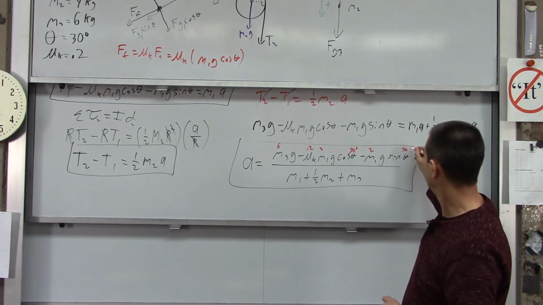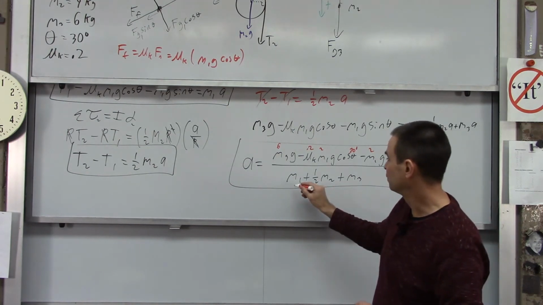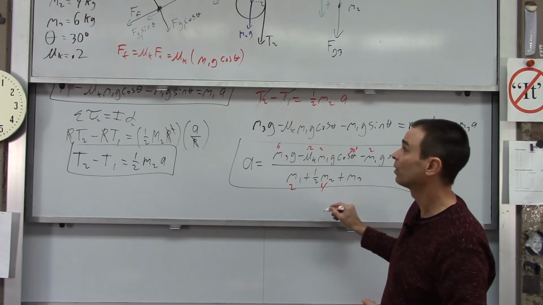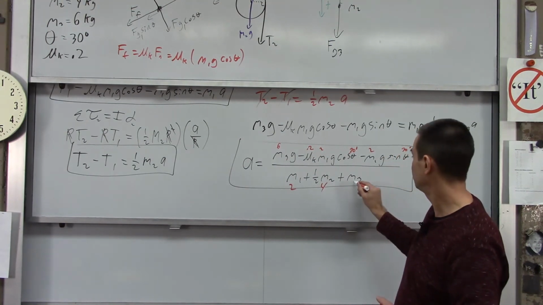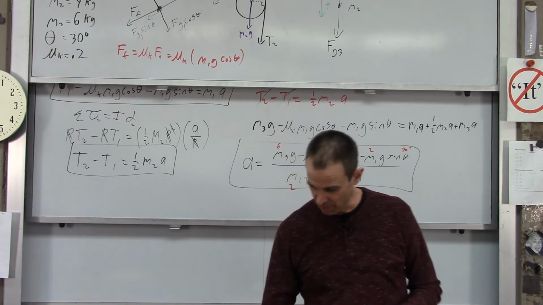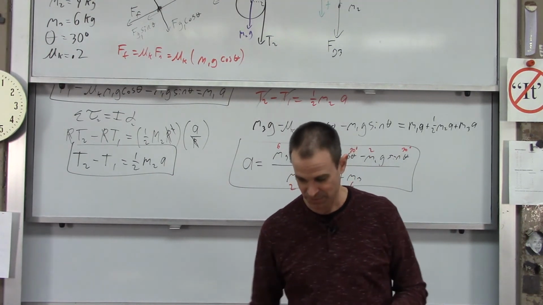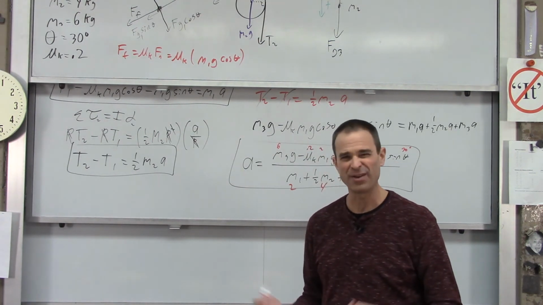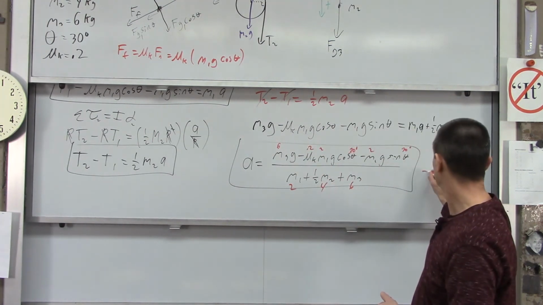This is 30 degrees again. This is M1 is 2. M2 is 4. And M3 is 6. Okay. If you plug all that stuff in, I got an answer of 4.56 meters per second.